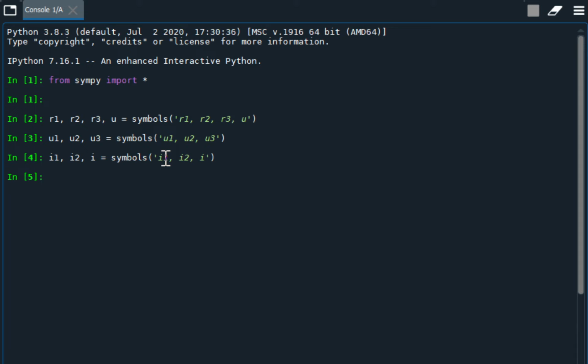So equations like EQ1 equals, and we introduce that one as an equation object. And then we have the first equation.